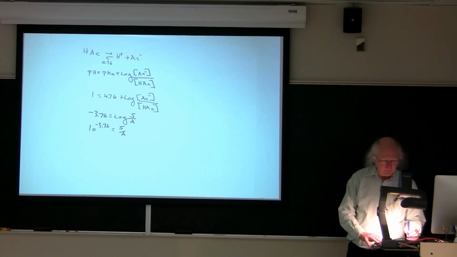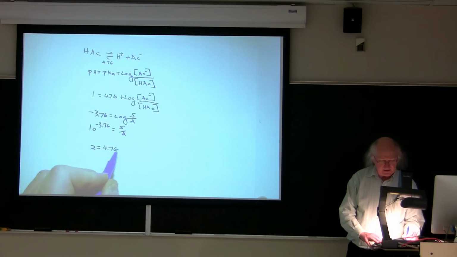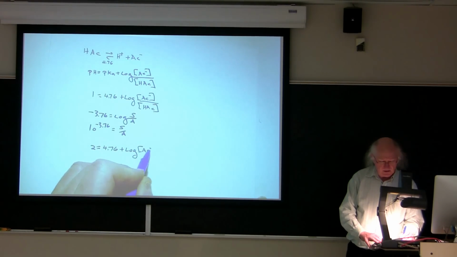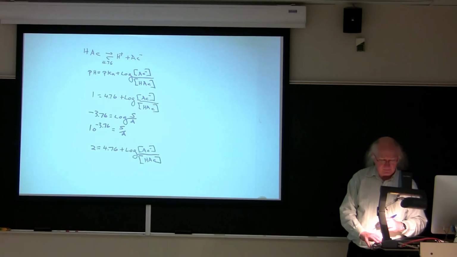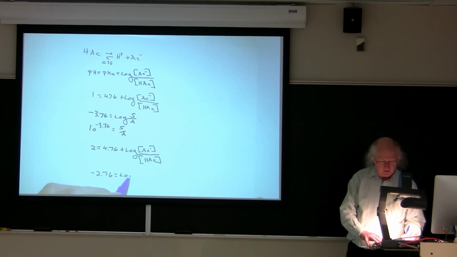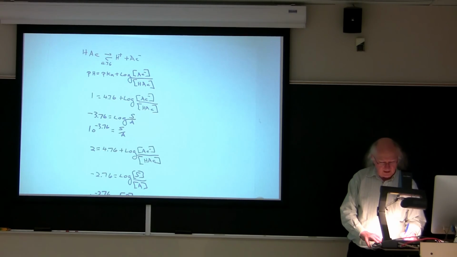Well, I can similarly do the problem at pH 2 and see that 2 equals 4.76 plus the log of AC minus all over HAC as before. Now minus 2.76 equals the log of the salt all over the acid. And 10 to the minus 2.76 equals the concentration of salt over acid.